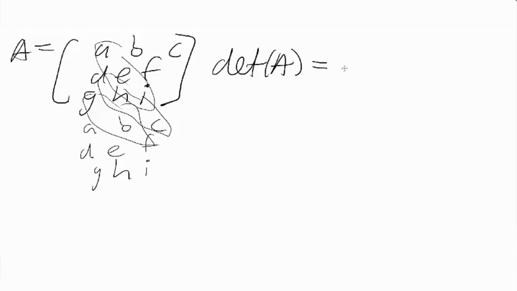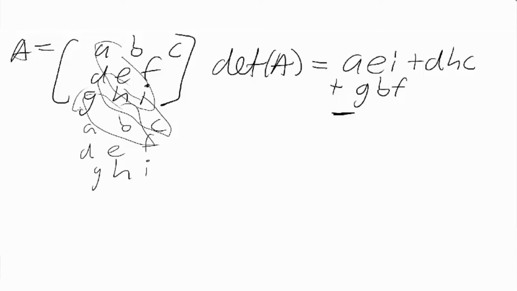The determinant will just be AEI, and you can prove it as well. It's just the same thing we've always been doing. So those are the first 3, but then for the last 3, you go in the opposite direction. And it gets messy, but you'll have to do it for yourself on paper.